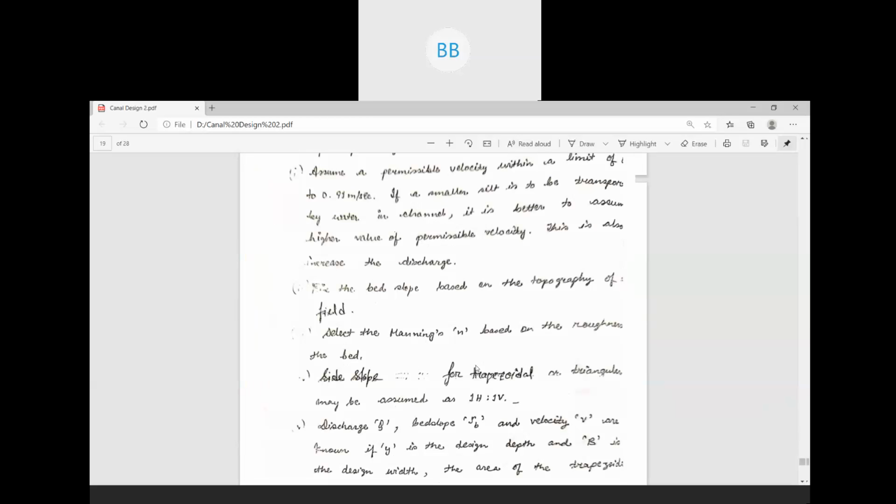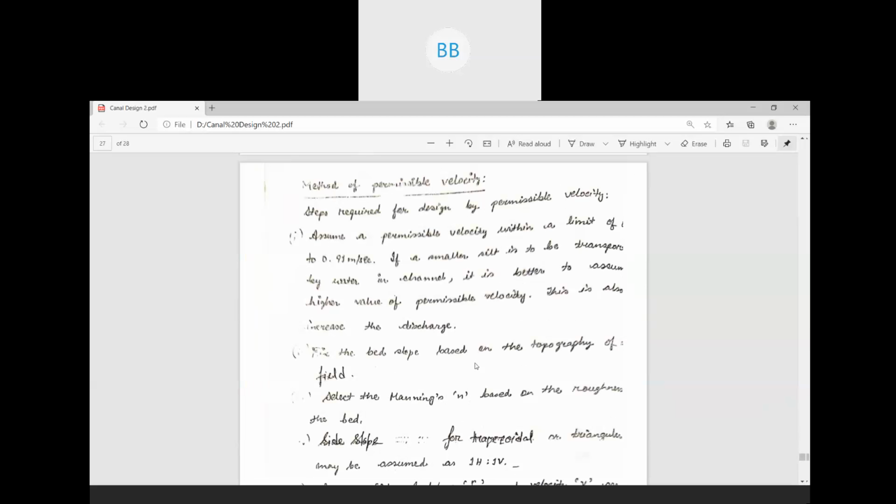So, method of permissible velocity. You can write down the steps. It's very simple. Steps required for designing by permissible velocity.